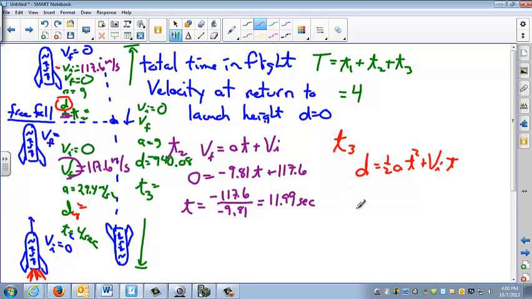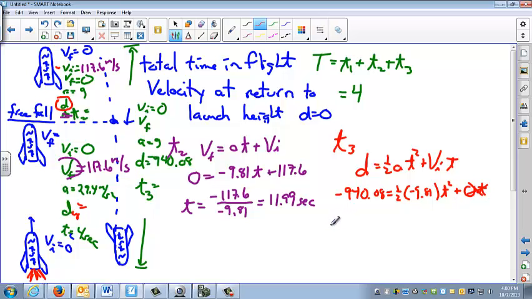I'm going to have a displacement of 940.08. I have my 1/2. Got a negative 9.81 T squared plus 0T. So again, that just becomes 0.